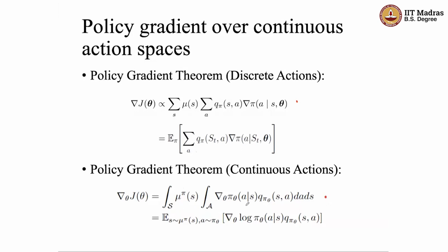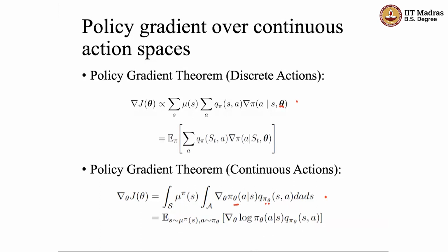And this is essentially the gradient of pi. There's a slight notational change here, which is how it is used in the DPG paper. Then Q pi of s, a, and here we are making it explicit by writing pi theta. This can be taken as an expectation, where the states are sampled according to mu pi and the actions are sampled according to pi theta.